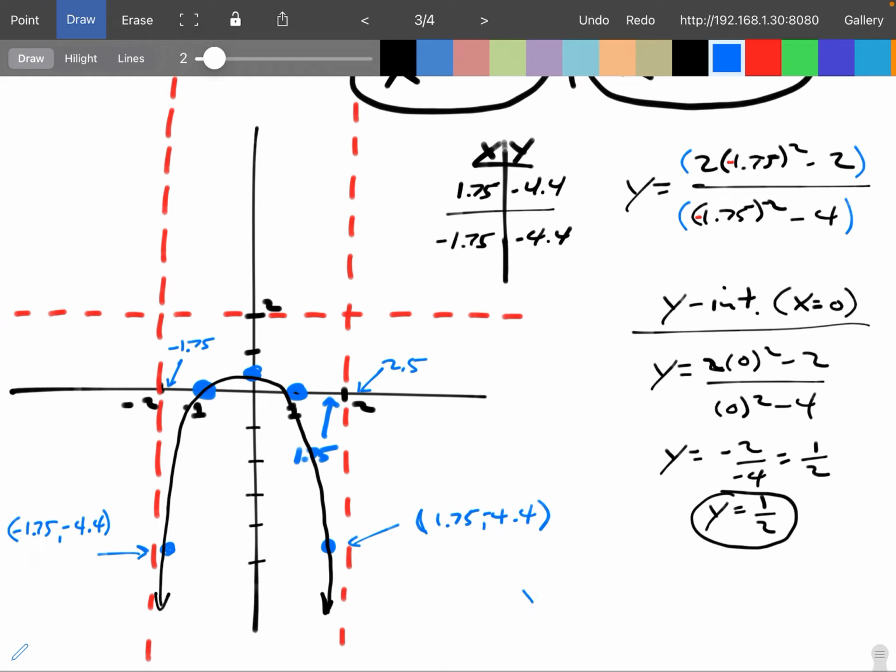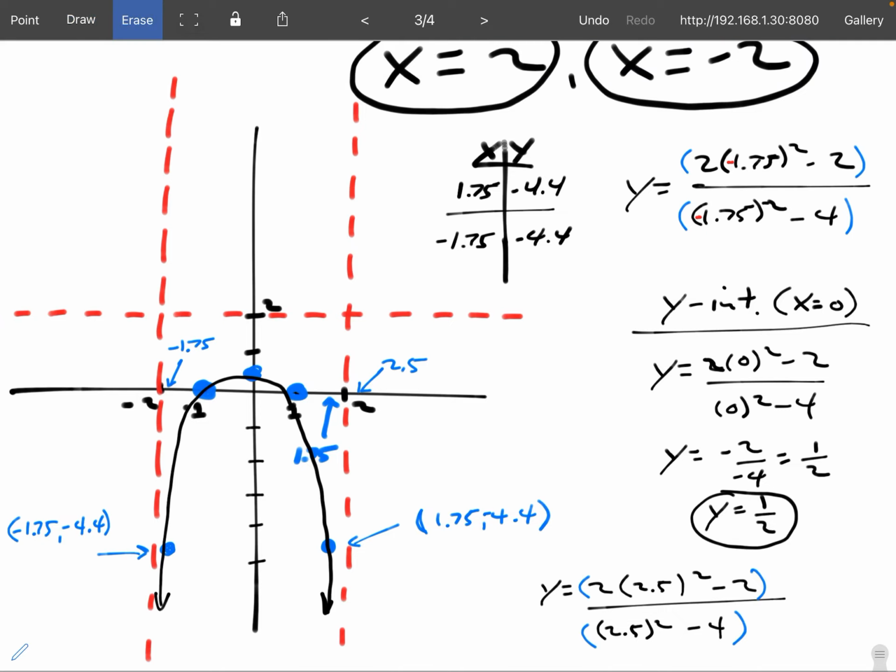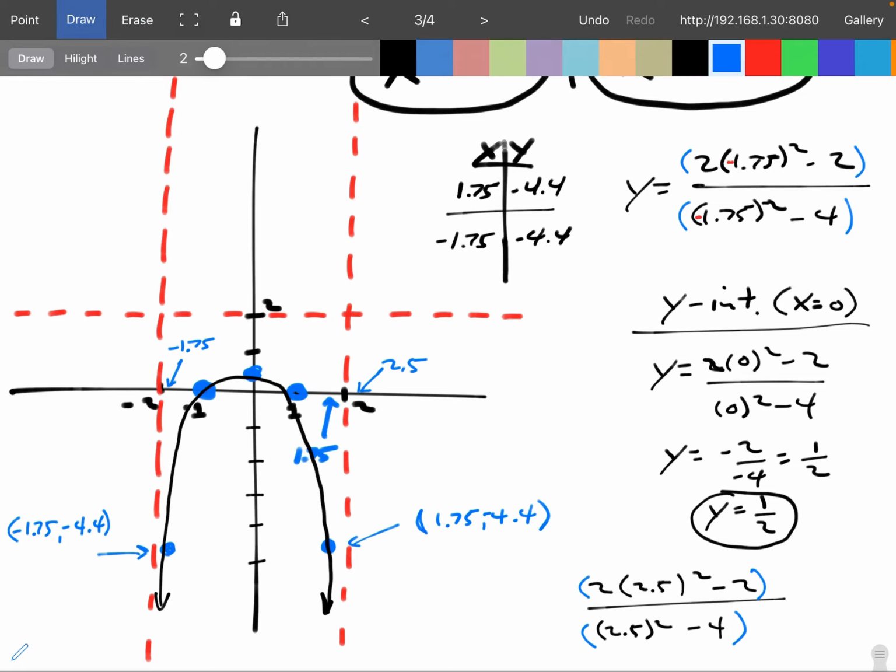So I'm going to have y equals 2 times 2.5 squared minus 2 all over 2.5 squared minus 4. And if I'm going to put this all in the calculator at once, remember I'm going to put some other parentheses around it like that. So hang on, we're almost done. I promise the last two will be easier.